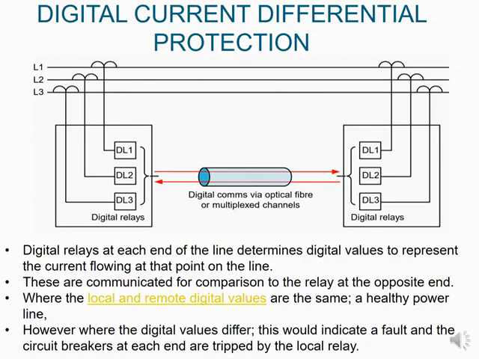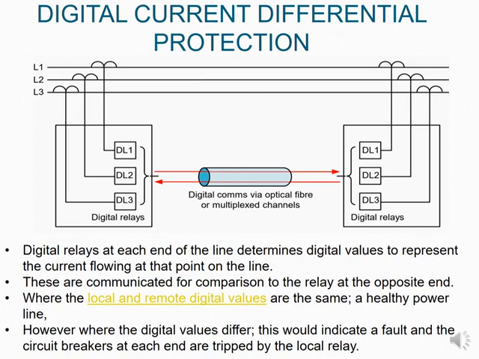The first one that we then look at outside now the 50-kilometer radius lines is what we call our digital current differential protection. What we have in these scenarios is that from your CTs on your line, you've got digital relays at each end of the line that are going to be utilized. These digital relays will determine values to represent the current that is flowing in that point of the line at any given time.